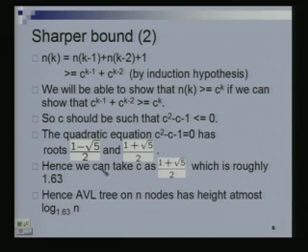And so you will have that the AVL tree on n nodes has height log of n to the base 1.63, this quantity. Because what have we said? If I take a tree on n nodes, the same argument as before.